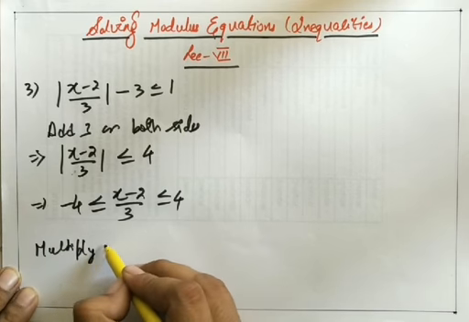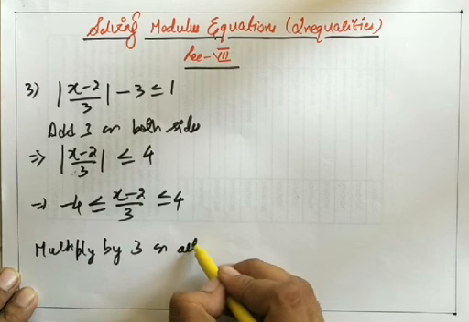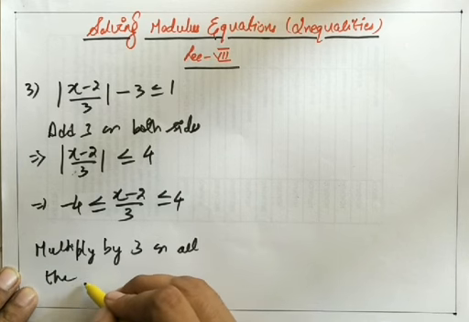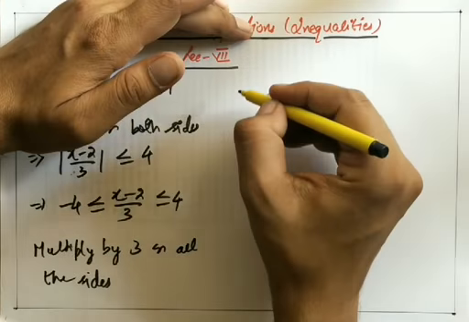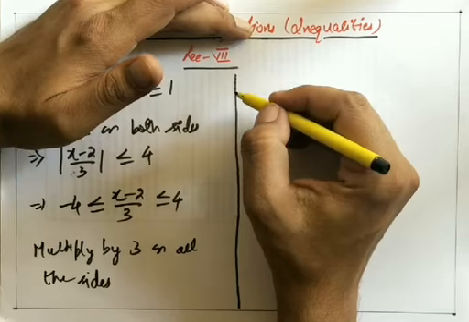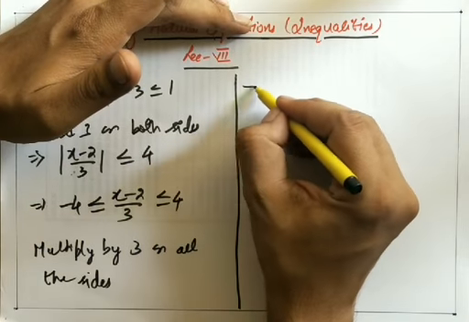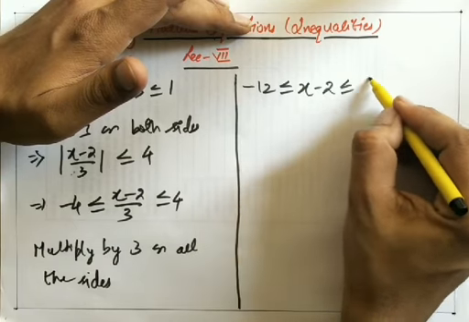Multiply by 3 on all the sides. This will give minus 12 is less than or equal to x minus 2 is less than or equal to 12.